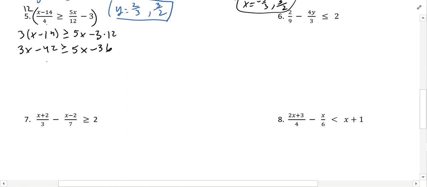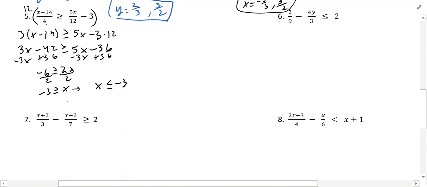So now again, remember, I'm solving for x with this inequality, so I'm going to subtract 3x from both sides. And here I'm going to add 36 to both sides. So I get negative 6 is greater than or equal to 2x. And then I'm going to divide each side by 2. So I get negative 3 is greater than or equal to x, but remember, you always want to write it with x first. So you get x is less than or equal to negative 3.